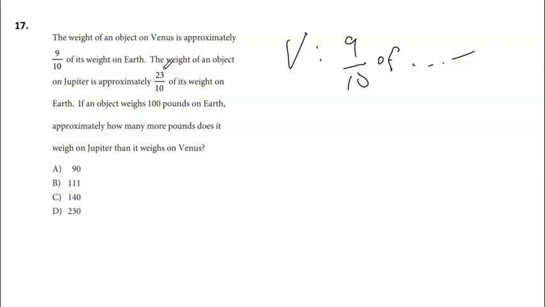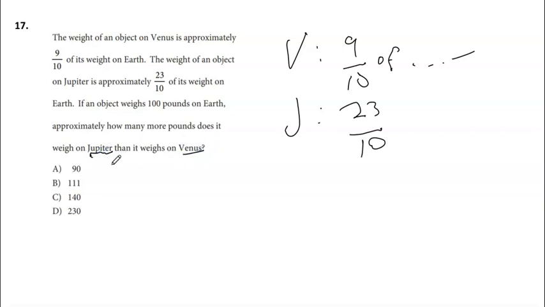We will read it. The weight of the object on Jupiter. So on Jupiter, it weighs 23/10, right? Meaning the same object will weigh more on Jupiter than on Venus. It says if the object weighs 100 pounds on Earth, approximately how many more pounds does it weigh on Jupiter than on Venus, right?